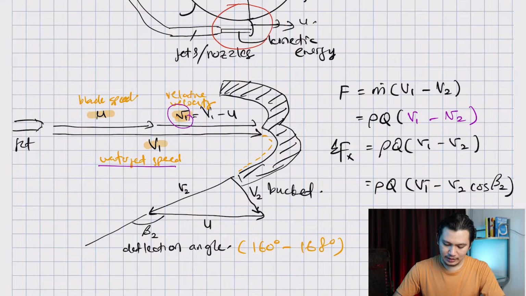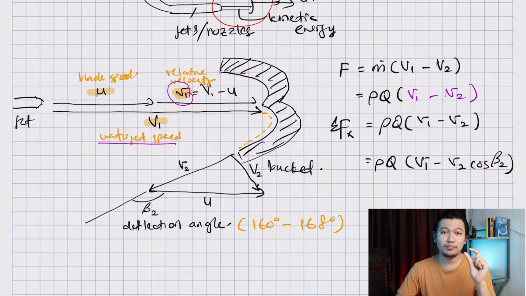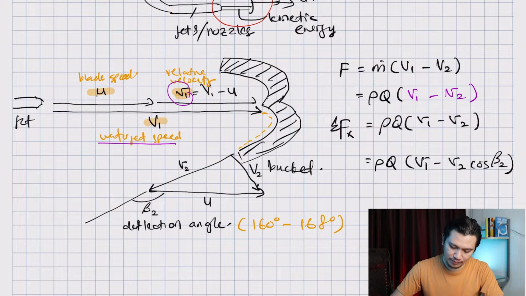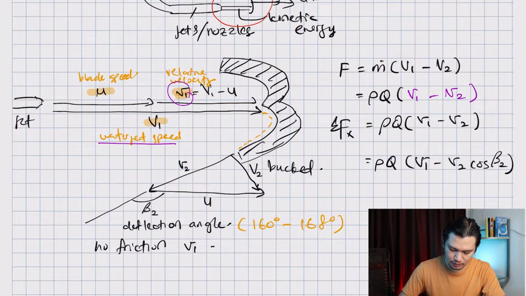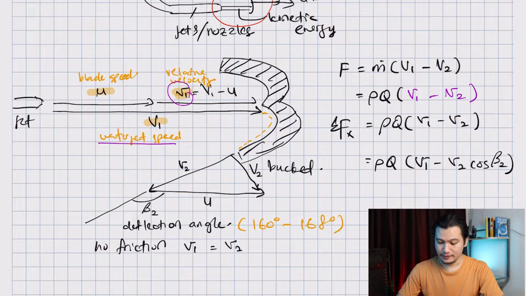Now, one important assumption that we need to make is that the blade has no friction. When the blade has no friction, that means small v1 equals small v2.